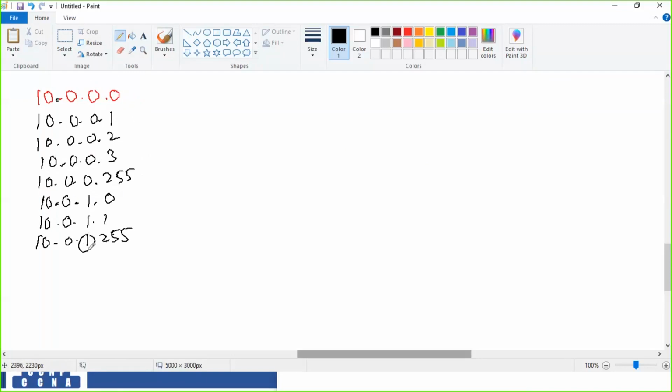Then it continues up to 10.0.255.255. Next the second octet will change, like 10.1.0.0. So finally you get 10.255.255.255.